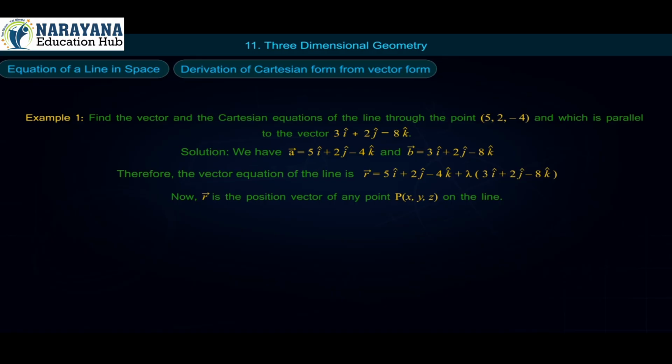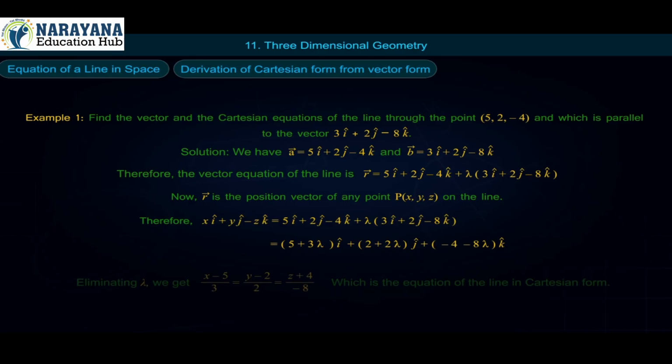Now, vector r is the position vector of any point P (x, y, z) on the line. Therefore, x i cap plus y j cap plus z k cap is equal to 5 i cap plus 2 j cap minus 4 k cap plus lambda into (3 i cap plus 2 j cap minus 8 k cap), which is equal to (5 plus 3 lambda) i cap plus (2 plus 2 lambda) j cap plus (minus 4 minus 8 lambda) k cap.